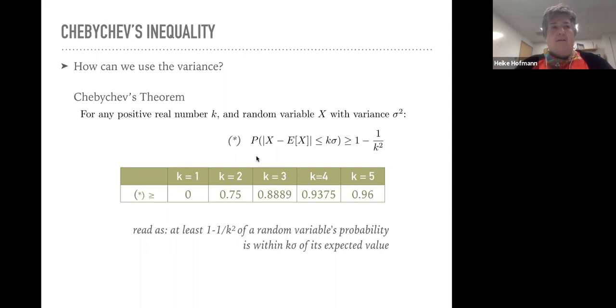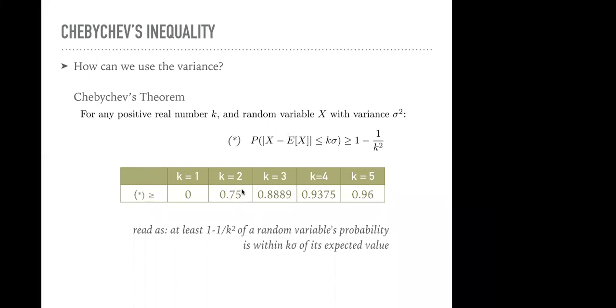So if we say that we've got an expected value, say 3.5 for a fair die, plus minus 2 times the 1.7 that we just found. So 3.5 plus minus 2 times 1.7. The probability to stay within that is at least 75%.